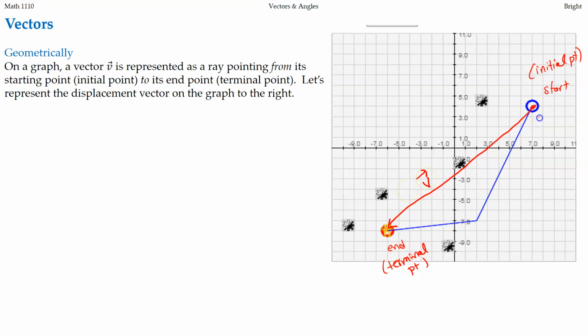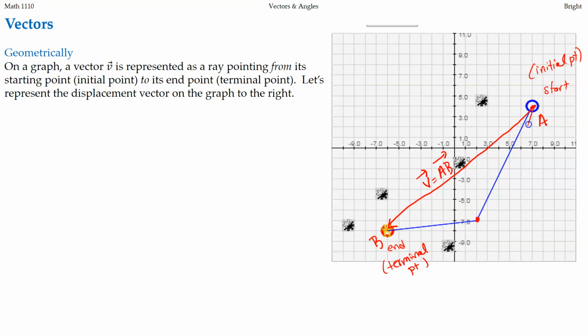Conversely, if you label this as point A and this point B, you could also call this, instead of vector v, AB, and then the vector would point from A to B. So just be aware of that notation as well. Geometry is as simple as making a ray from starting to ending point. Also be aware that you could see this as a composition of two vectors.